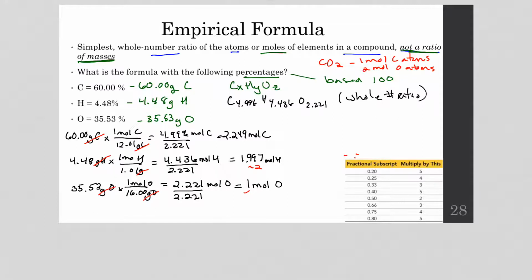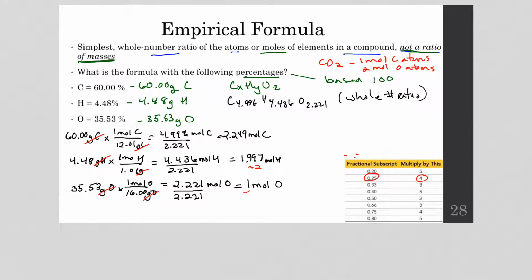So if we look at our fractional parts here, a lot of times this fractional part is such that we can multiply it by some small whole number to convert it to a whole number. So like if we have something that ends in 0.25 here, we can multiply by 4 and turn it into a whole number.